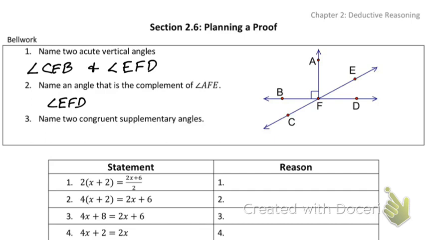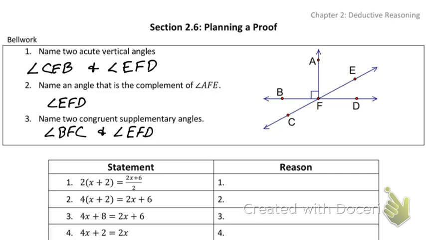Can someone name those two angles that are congruent and supplementary? Libby? BFC and EFD. Did I get those right? No. Did I write down what you said? Yeah. BFD and EFD. I'm going to say those aren't congruent or supplementary.